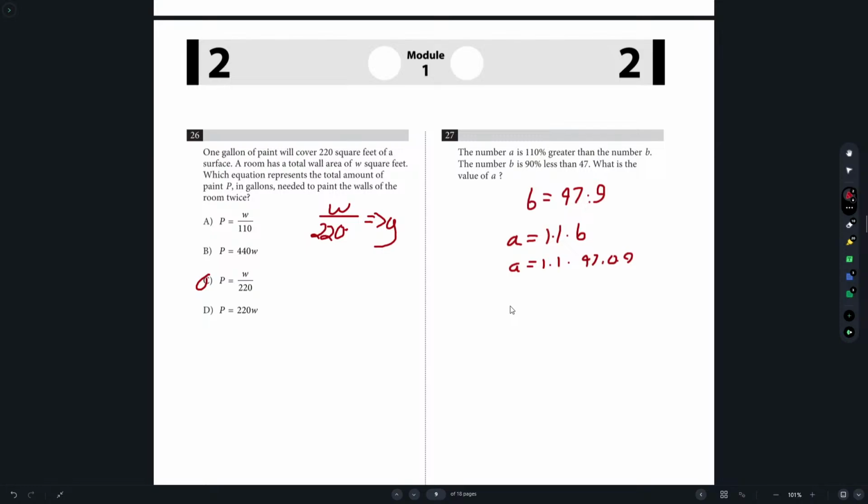Let me do that again. 1.1 times 47 times 0.9. I guess so. 46.53. And this makes sense because if B is 90% less than 47, we're going to... Oh, never mind. B is 90% less than 47. This is wrong.